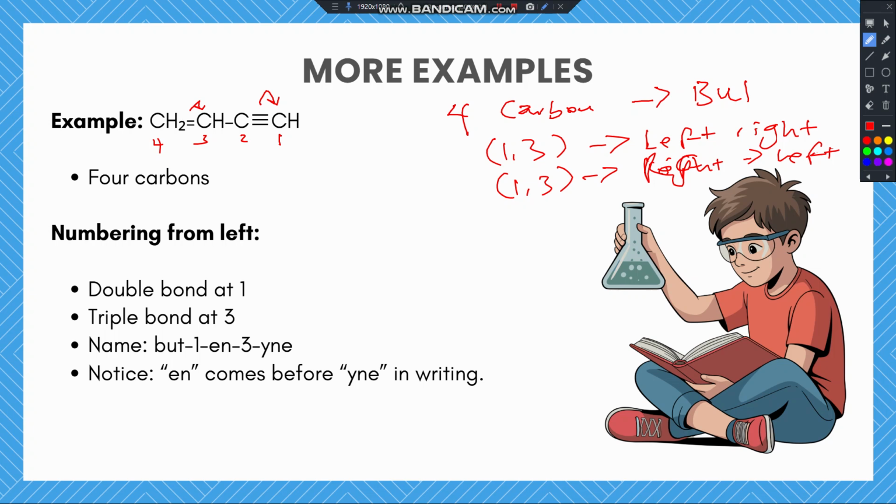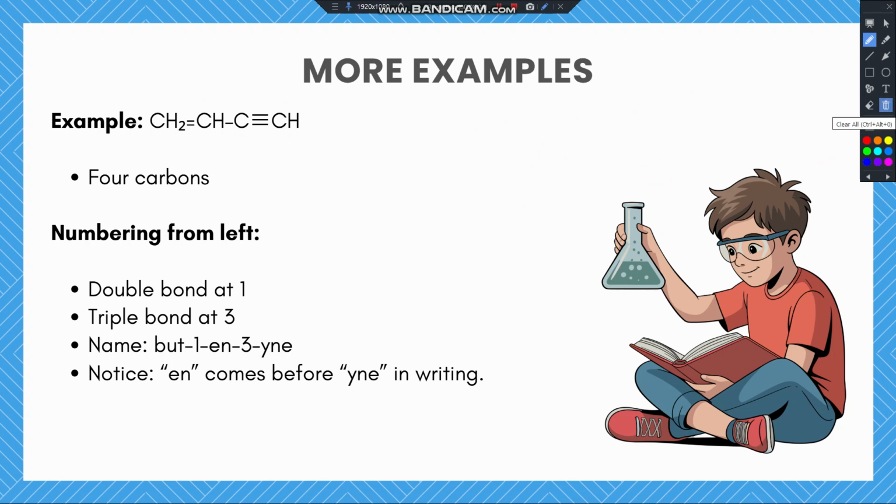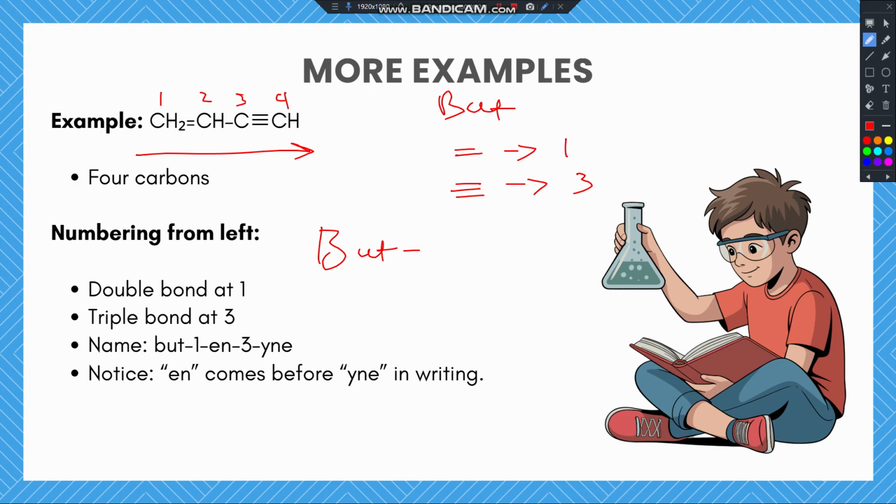So counting from the left to the right will be our counting direction. So counting from the left to the right, we have 1, 2, 3, 4. But is the parent name. The double bond is located on carbon number 1 and the triple bond on carbon number 3. So bringing everything together, we have but-1-en-3-yne. That is the name of the compound, as you can see over here.